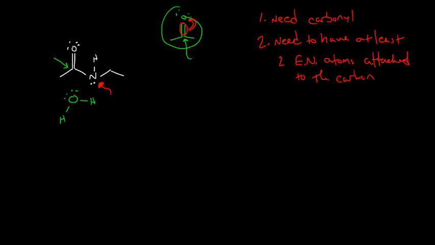Okay, and really the only 2 possibilities we have are oxygen and nitrogen. Okay, so that's why it's really only esters and amides that are susceptible to this hydrolysis reaction. Okay, so this is why we can only do ester or amide. Okay, so those are the 2 big requirements for this very first step.